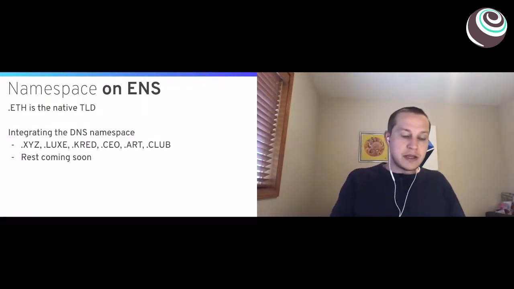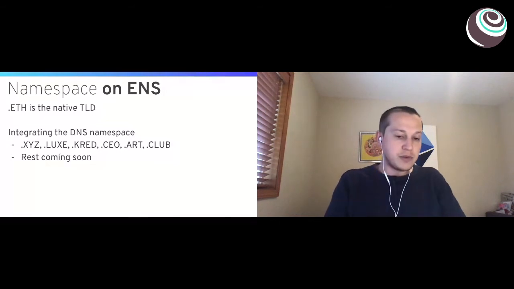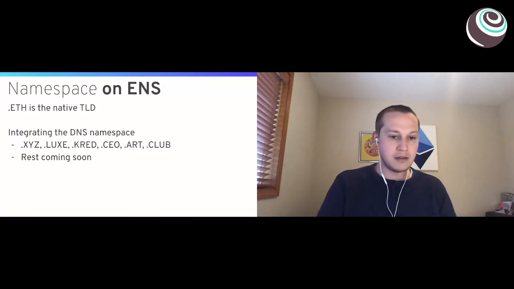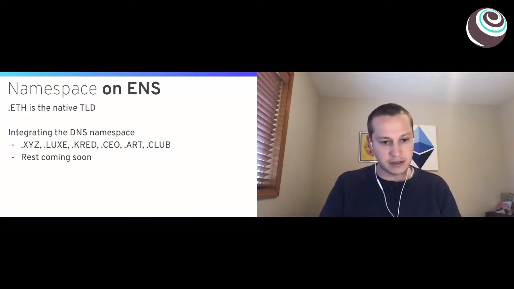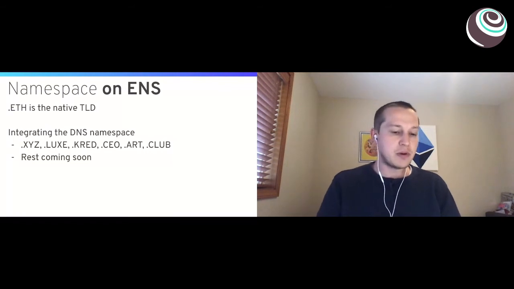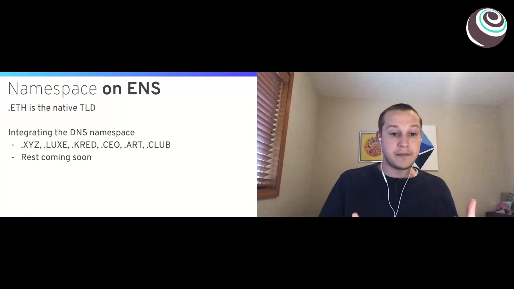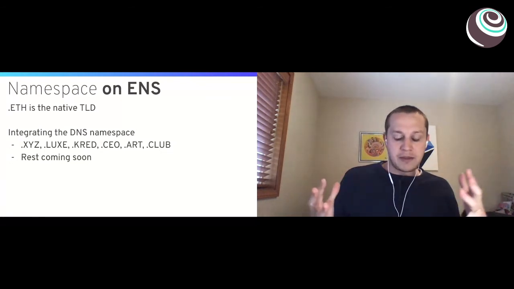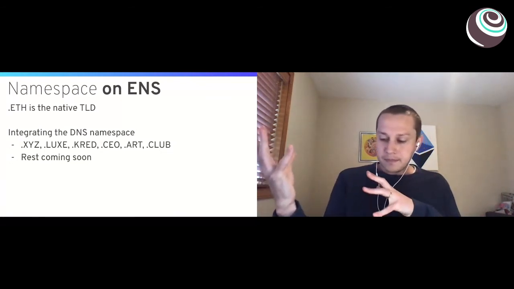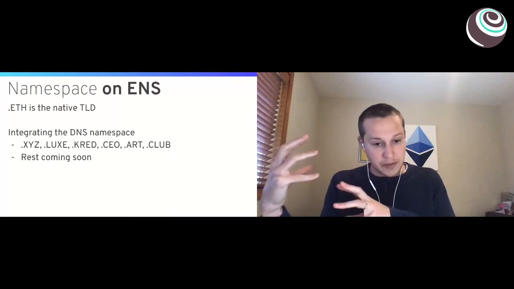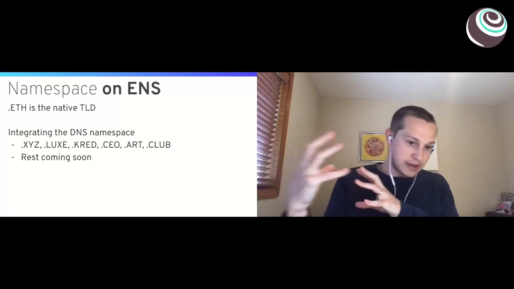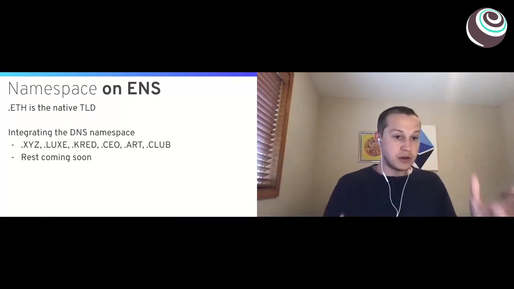So we want to avoid that. We're not concerned about that with .eth, because .eth has actually already been reserved in the DNS root for complicated reasons I won't explain, but the chance of a name collision there is basically null. But we're not going to create any other top-level domains because it could lead to name collisions. So what are we doing? The way we're expanding the namespace is by taking the DNS namespace and just importing that into our system with the same owners.